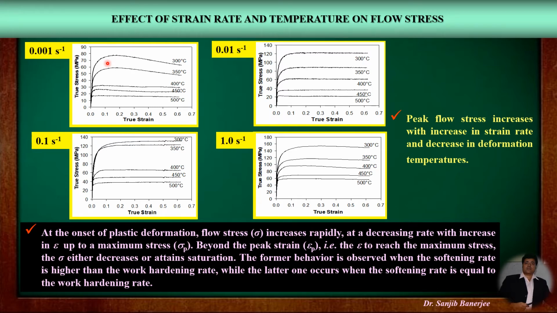Beyond the peak strain, which is denoted by epsilon p, that is the strain to reach this maximum stress, the sigma either decreases, as we see in this flow curve, or it attains saturation, as we see in this particular flow curve. The former behavior is observed when the softening rate is higher than the work hardening rate, while the latter one occurs when the softening rate is equal to the work hardening rate.